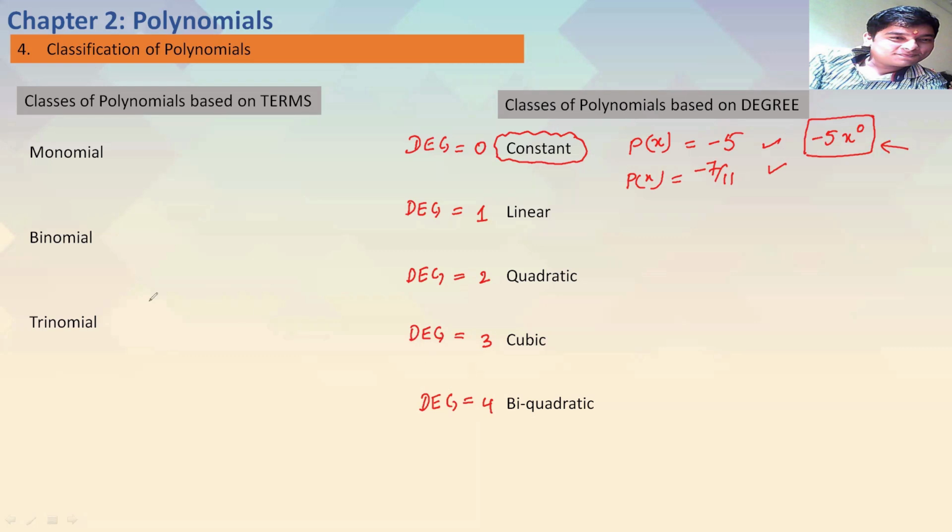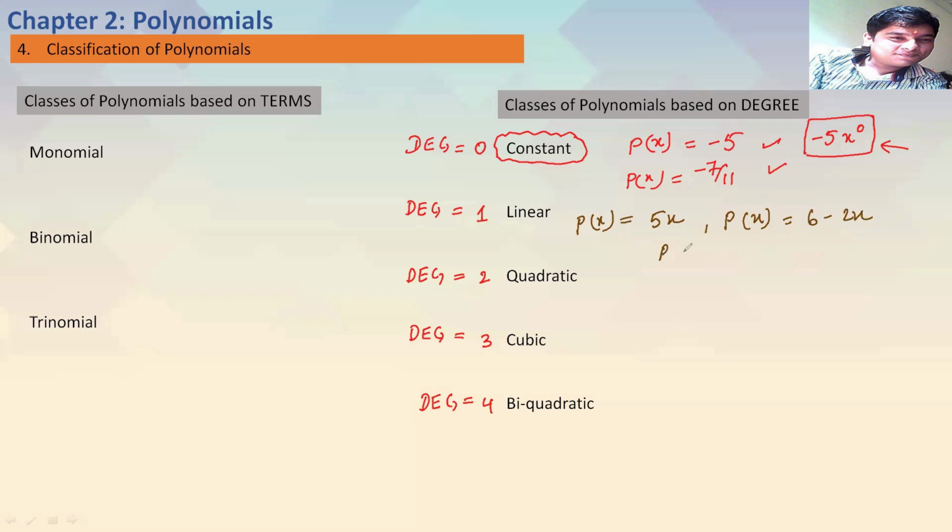Linear would mean degree 1. Can you give an example of a linear polynomial? 5x raised to 1, just 5x. Or it can be like this: p(x) is equal to 6 minus 2x.